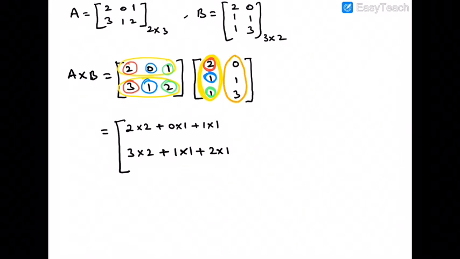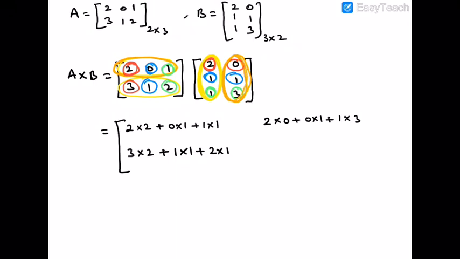Now take the second column of matrix B and repeat the process again by multiplying 2 with 0, 0 with 1 and 1 with 3. So it will be 2 times 0 plus 0 times 1 plus 1 times 3. And similarly for the second row of matrix A, multiply 3 by 0, 1 by 1 and 2 by 3 and add them.